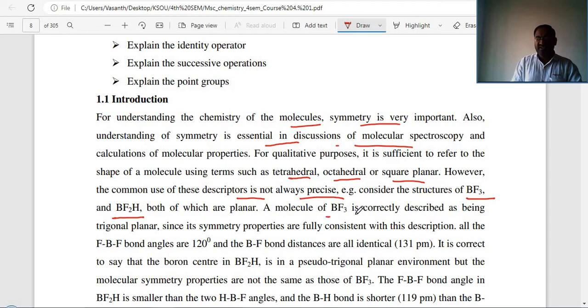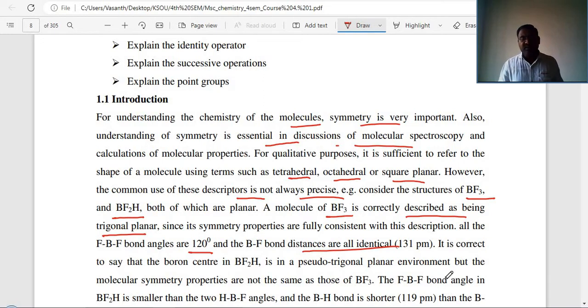Here BF3 is correctly described as being trigonal planar. The bond angle is 120. The bond length distance is 131 picometer. It is correct to say that the boron center in BF2H is in a pseudo trigonal planar environment.